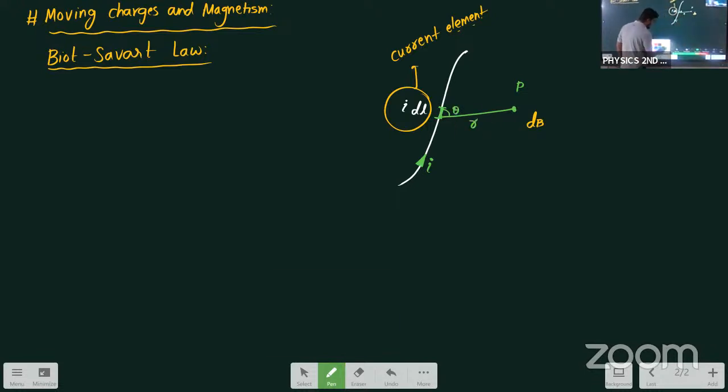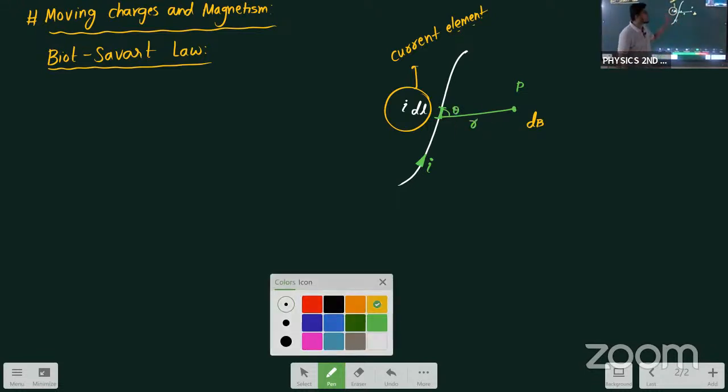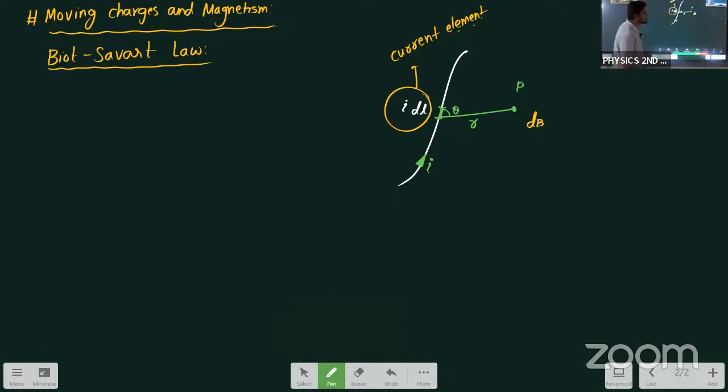Now, what was the explanation given by Biot-Savart law by looking at this arrangement? Biot-Savart law said that the magnetic field induction produced at point P is directly proportional to the current element. How, sir? Initially some 1 ampere of current is flowing, and due to that some magnetic field will be generated.